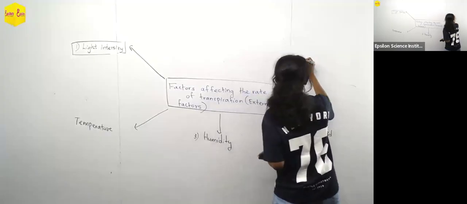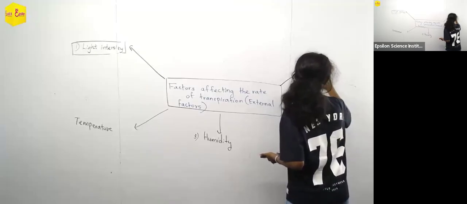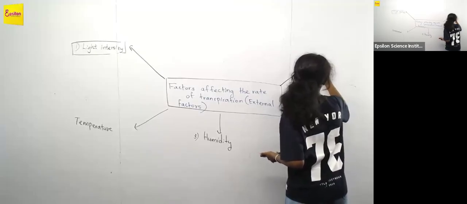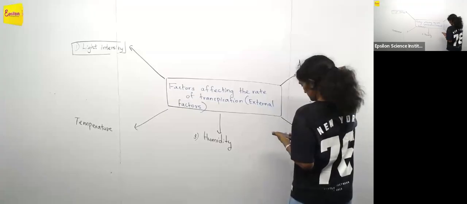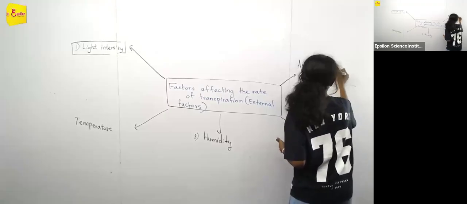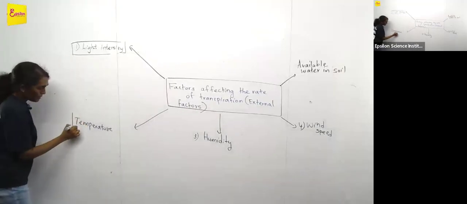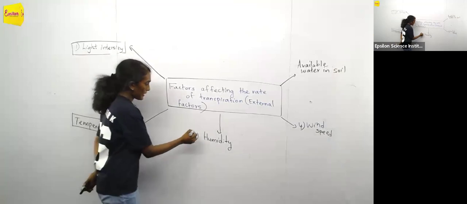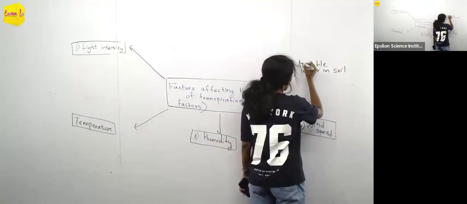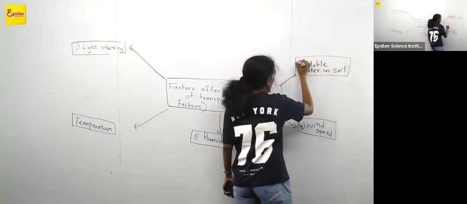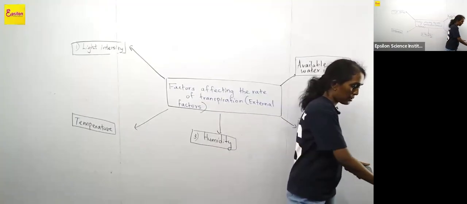Number 5, available water in soil. Alright? So those are the factors affecting rate of transpiration. These all are external factors which are affecting the rate of transpiration. Alright? Let's discuss one by one how these factors are affecting the rate of transpiration.